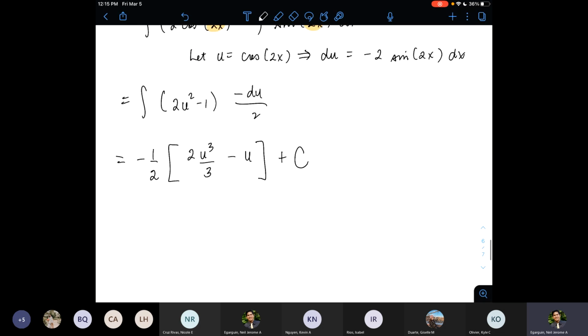And then I'll revert to the original variable, then multiply everything by -1/2. So I'll have negative u to the third, but that would be cosine cubed 2x all over 3 plus 1/2 of cosine 2x plus c. Okay, I think that's it.